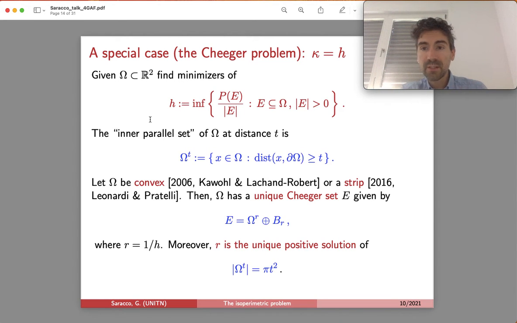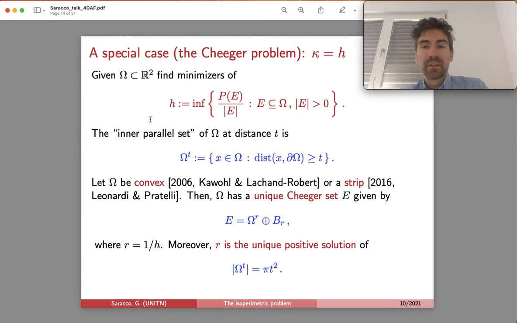You take a convex set or a strip, you solve this equation, which you are ensured to have a unique positive solution. This positive solution is the inverse of the Cheeger constant, okay? Great, so you know what the Cheeger constant is. And now you take all the balls of radius r contained inside your set omega, and that union is the unique Cheeger set of omega, okay?